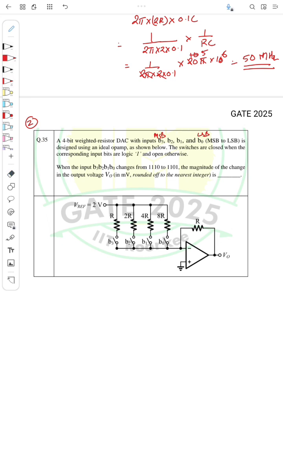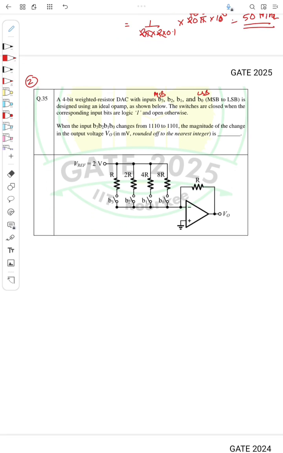It's designed using an ideal op amp as shown below. The switches are closed when the corresponding input bits are logic 1 and open otherwise. So when the value of B3 is 1, then the switch will be closed like that.